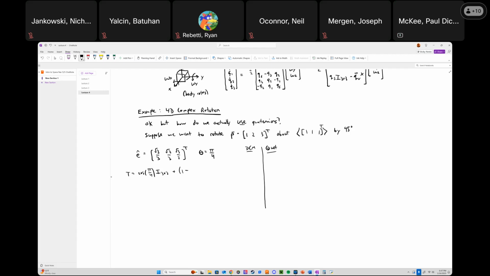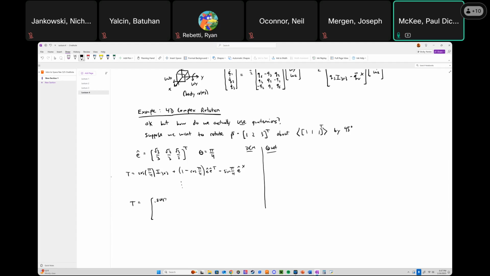Okay. 1 minus cosine of pi over 4 times E E transpose minus sine of pi over 4 times the E cross product matrix. And if you work this out, what you'll get is that T is 0.8047.